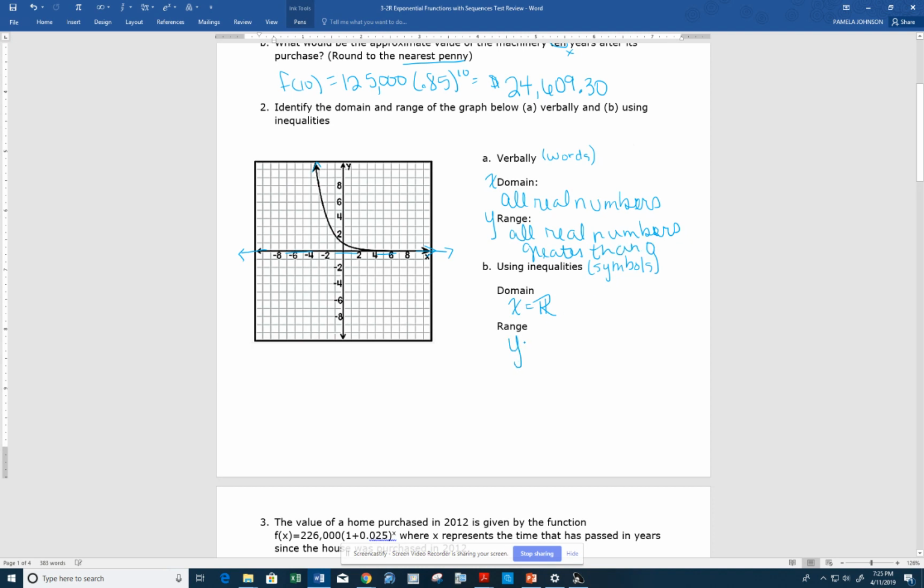And when we talk about our range in symbols, just y is greater than 0. Okay? All right, let's take a look at the next page.